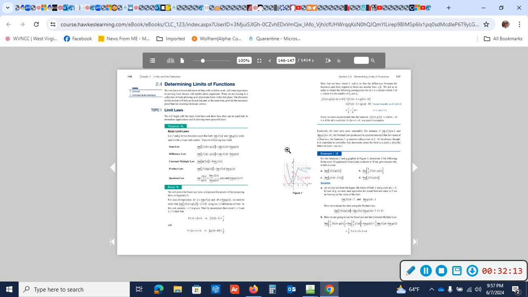There are easier ways, there are limit laws, there are properties we can take advantage of so that we don't have to always use the definition every time. But that's only worthwhile if you've actually used the definition. So you really have to get through the 2.3 stuff.